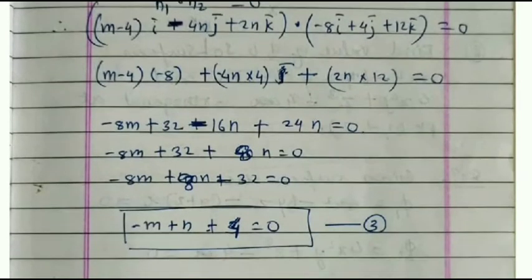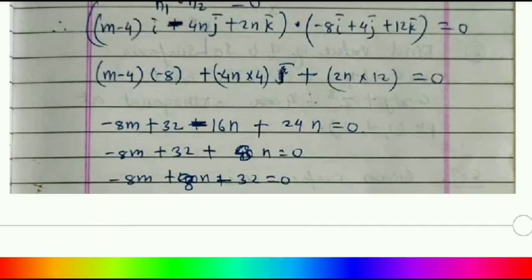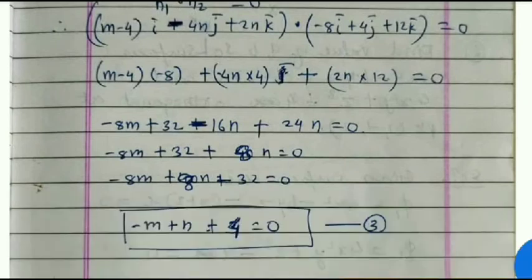Now what is the dot product? Multiply the coefficient of i with i, plus the coefficient of j with j, plus the coefficient of k with k, equals 0. Simplify it. What we get: minus 8m plus 32 minus 16n plus 24n.